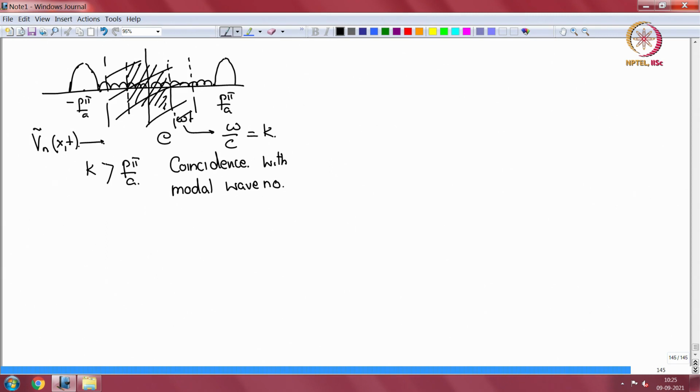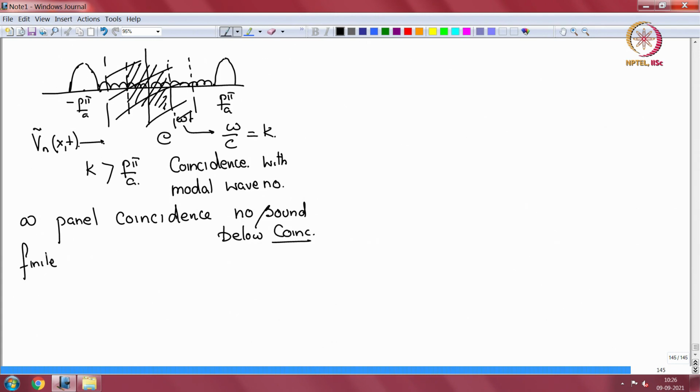In the infinite panel case, infinite panel coincidence, below coincidence no sound. In the finite panel, there is some sound below finite panel coincidence.